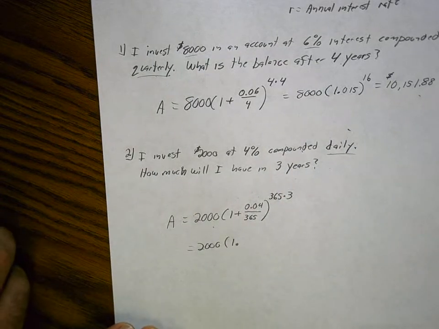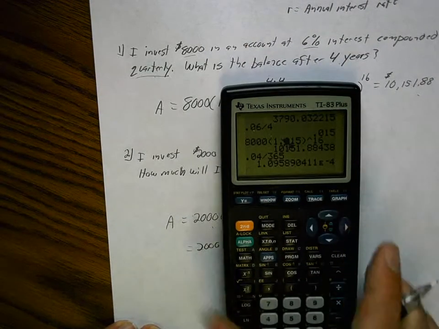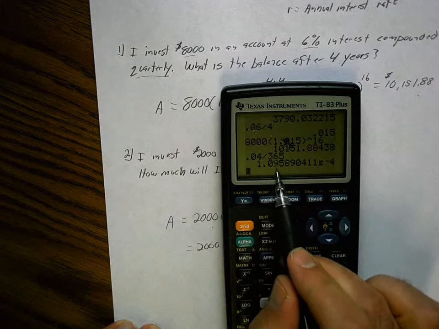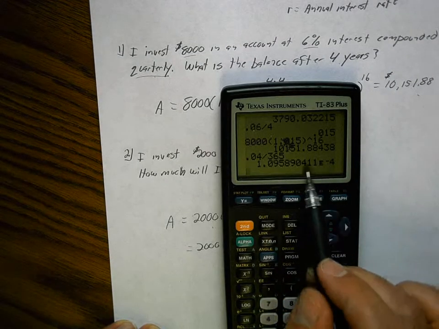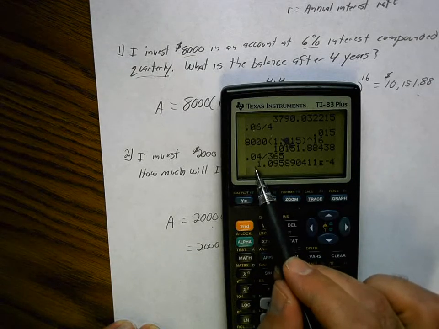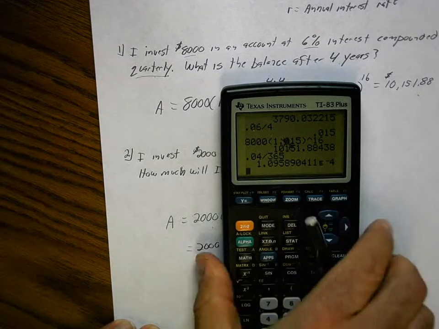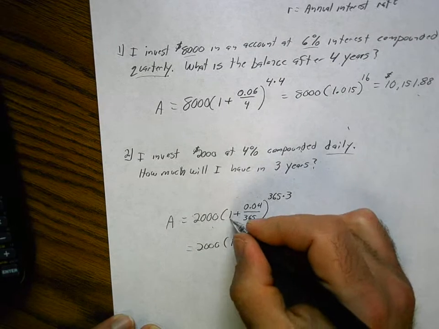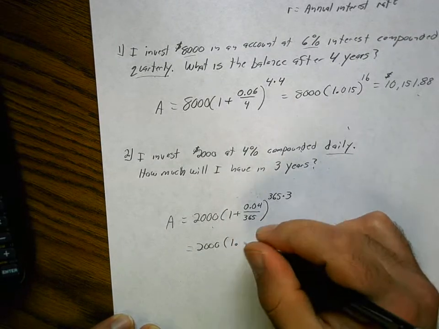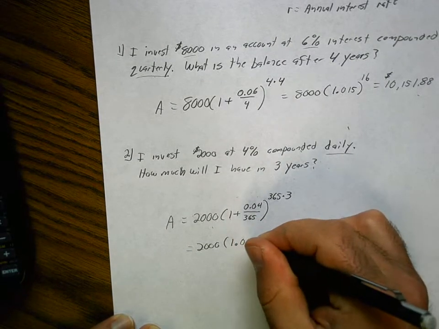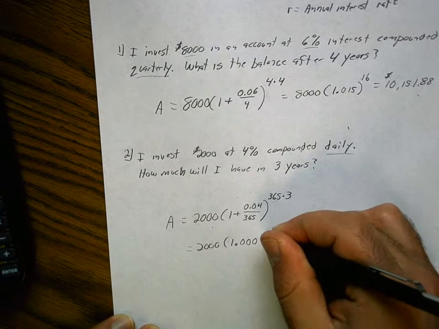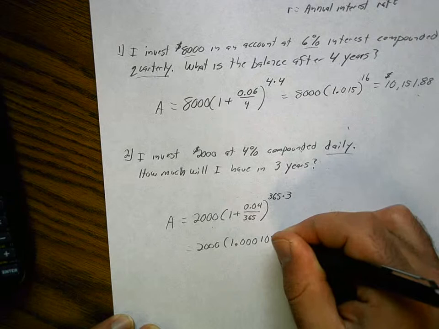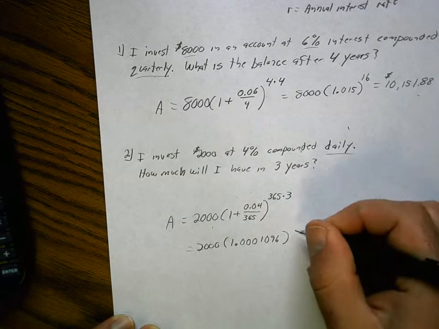On my calculator, I get 1.09 E minus 4. That's scientific notation, so I need to move that decimal 3 spots to the left. When I add 1 to it, I'm getting 1.0001096. Try to keep as many decimal places as you can.